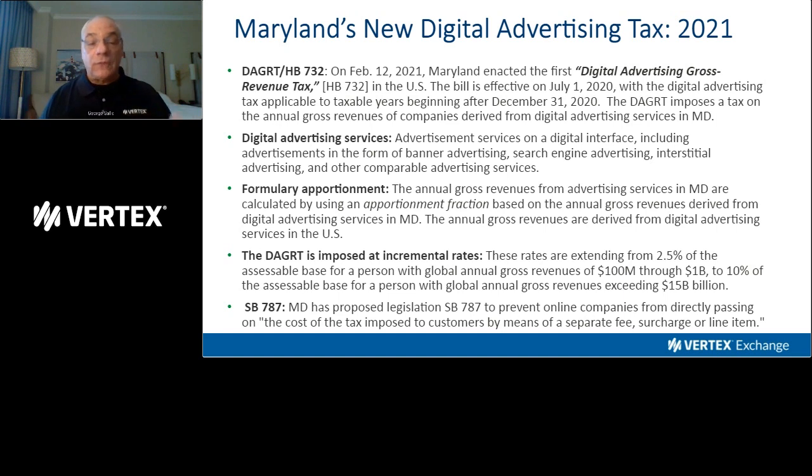The annual gross revenue from advertising services in Maryland is calculated by using the apportionment fraction of Maryland over everywhere. So the annual gross revenue is derived from digital advertising everywhere in the United States. Now, this presents, as we speak, you will see it again, an administrative problem.